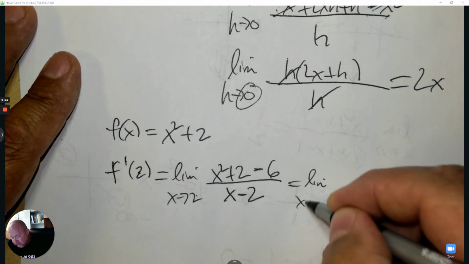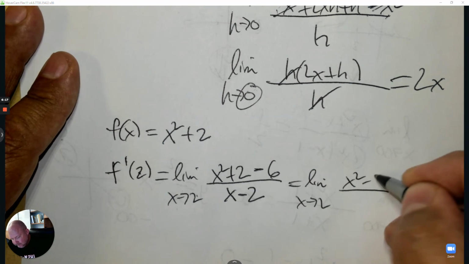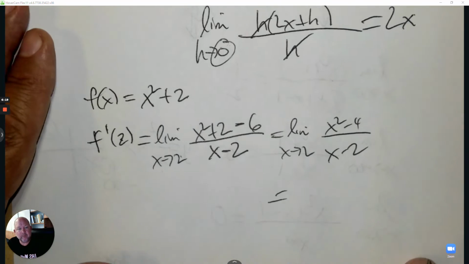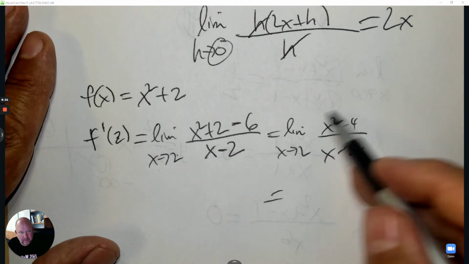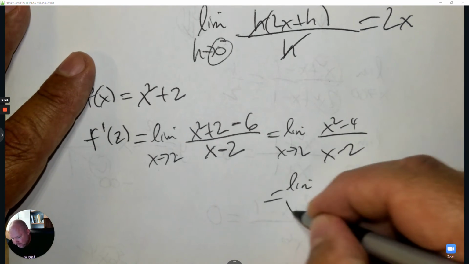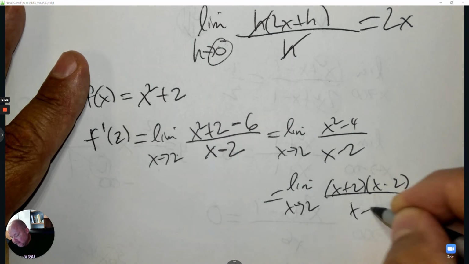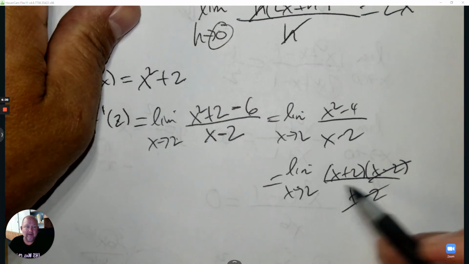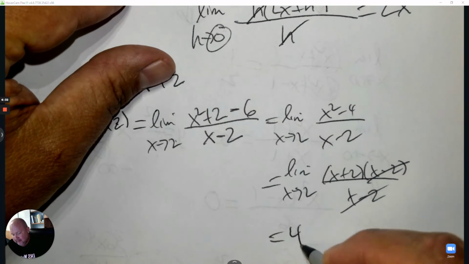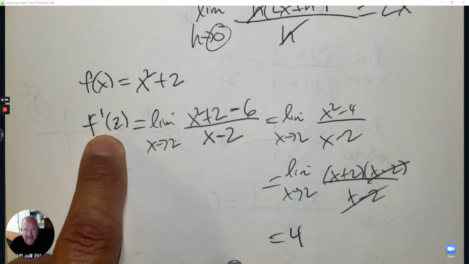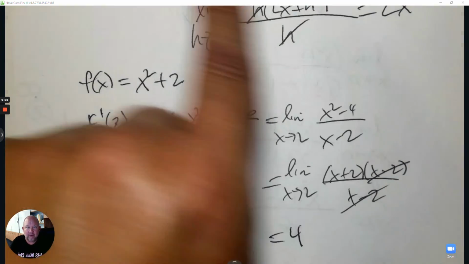I combine like terms. Here's an indeterminate situation, so I'm going to factor the numerator. This allows me to remove the discontinuity and then plug in 2, and you get your answer. So the derivative at 2, the answer is 4 using this way.